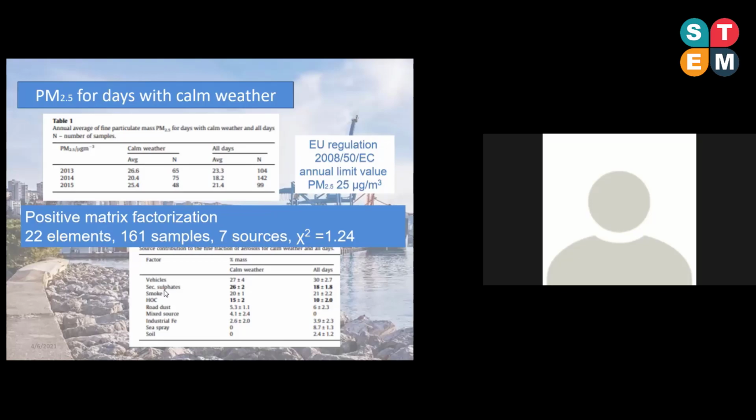vehicles, secondary sulfates, smoke, heavy oil combustion, road dust, mixed source, and industrial iron. It is interesting that for calm weather, natural components such as sea spray or soil were dramatically reduced.